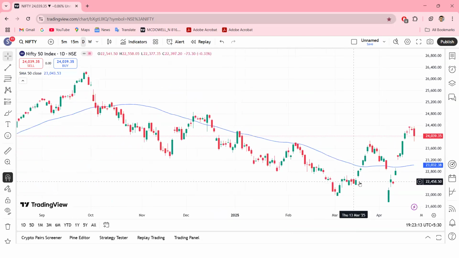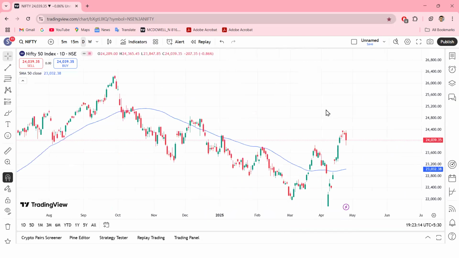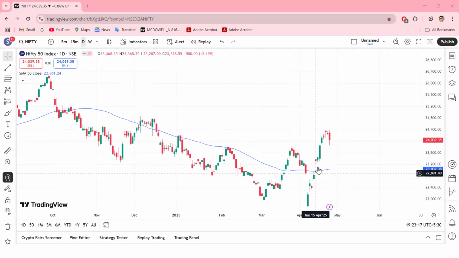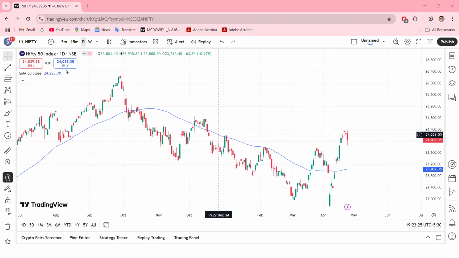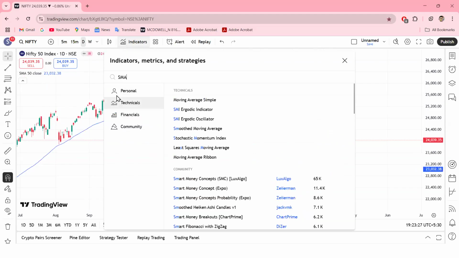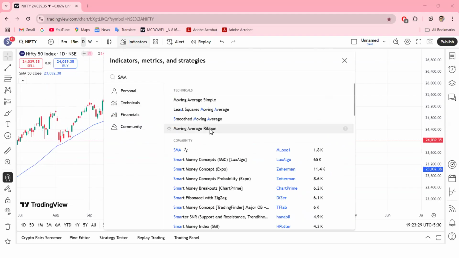Currently, I see that the price is above my 50 moving average line. So at this point you can buy. Now if I put the 100 moving average also, let me put SMA 100, simple moving average.